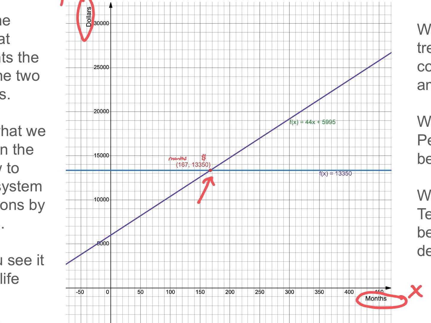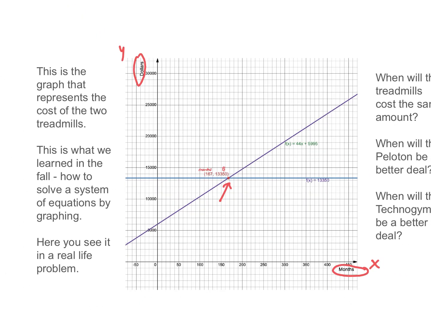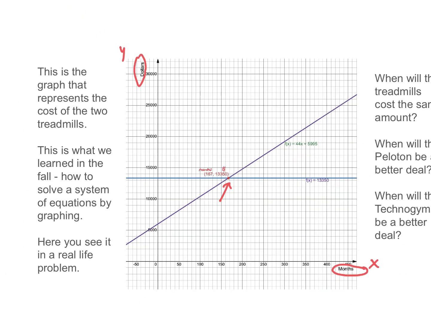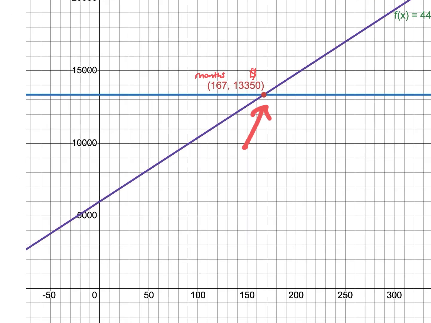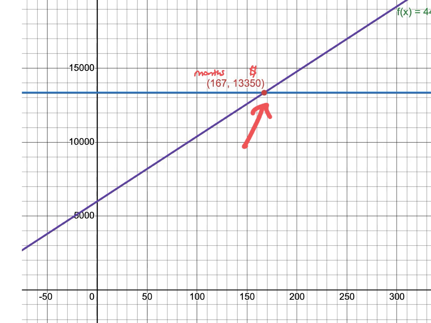So you can see, if you kind of get acclimated here, that the one that is rising starts off at that 5,900 and something, and then it goes up and up and up. So it starts here, and it just keeps rising because it's charging $44 a month. Remember, $44 a month is its slope, if you will.